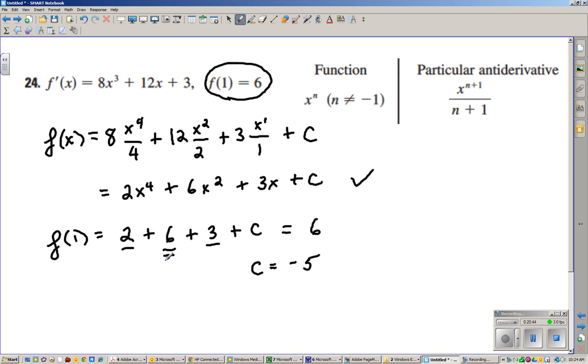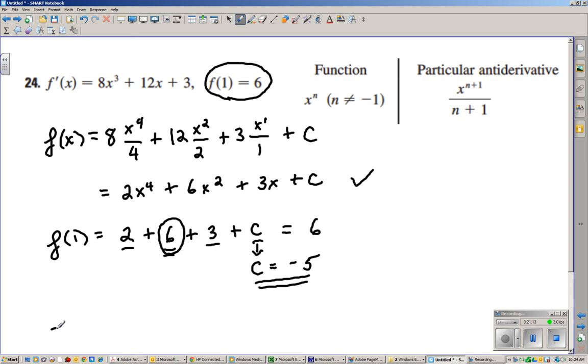We could certainly do that by pulling everything over to the other side and isolating c, but I just wanted you to see that we already had 6 over here on this left side, so we don't need anything more. And to get rid of 2 and 3, this guy must be -5. So now we've recovered what c is for the particular antiderivative.